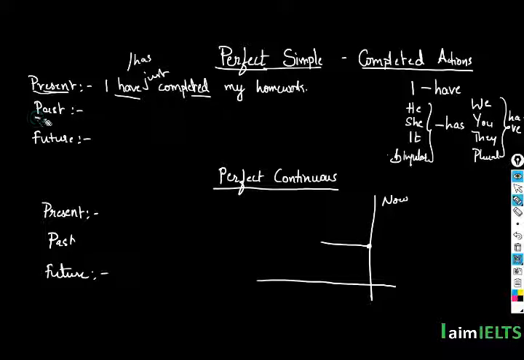And the next comes past perfect simple. This is present perfect simple. Now past is something like this. So this is past perfect. So it is done and it is complete.